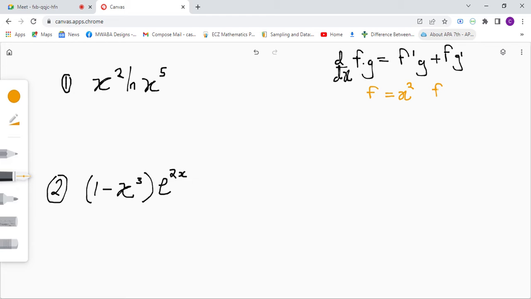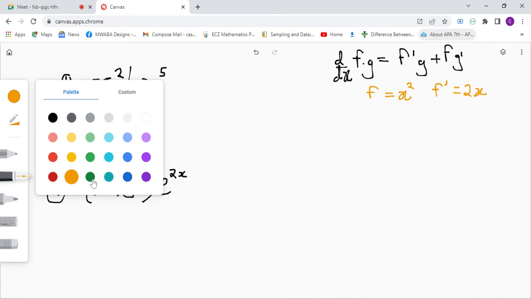For f prime, we derive x squared and we get 2x.